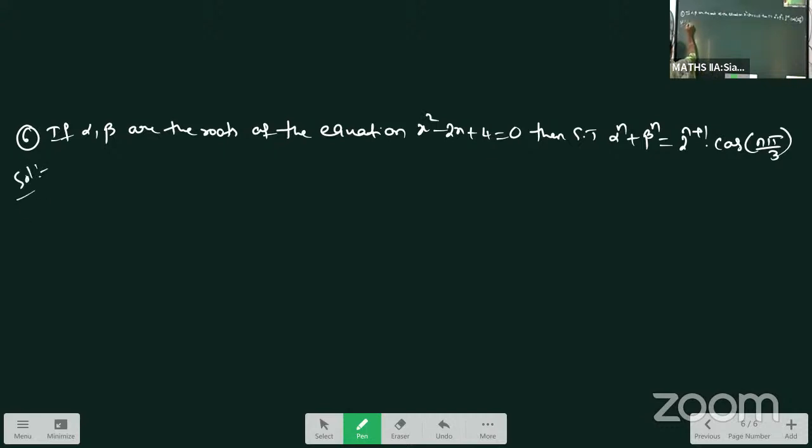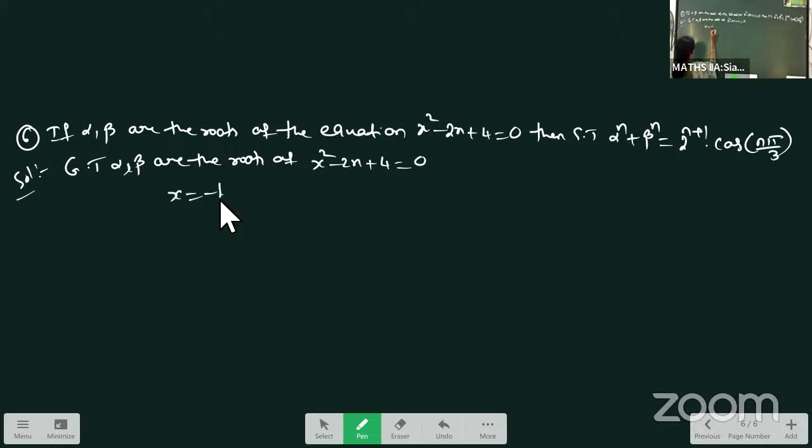Solution. Given that alpha, beta are the roots of x square minus 2x plus 4 is equal to 0. We are not getting factors. So x is equal to minus b plus or minus under root b square minus 4ac by 2a.